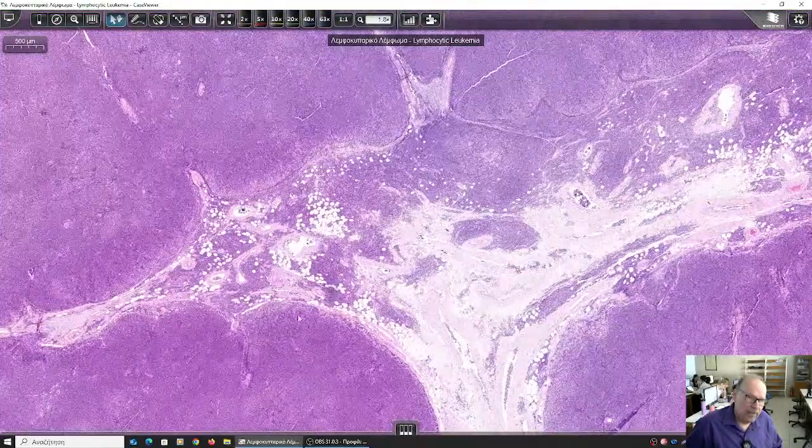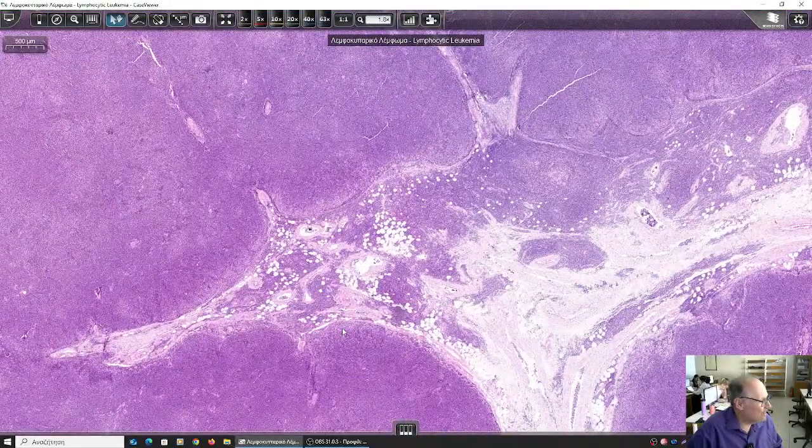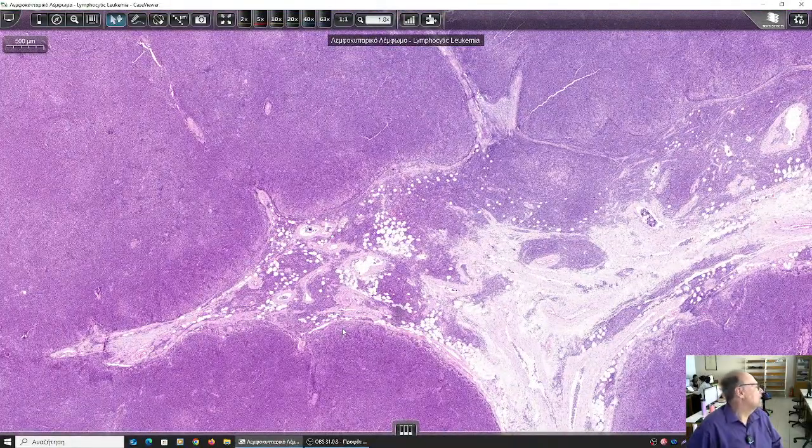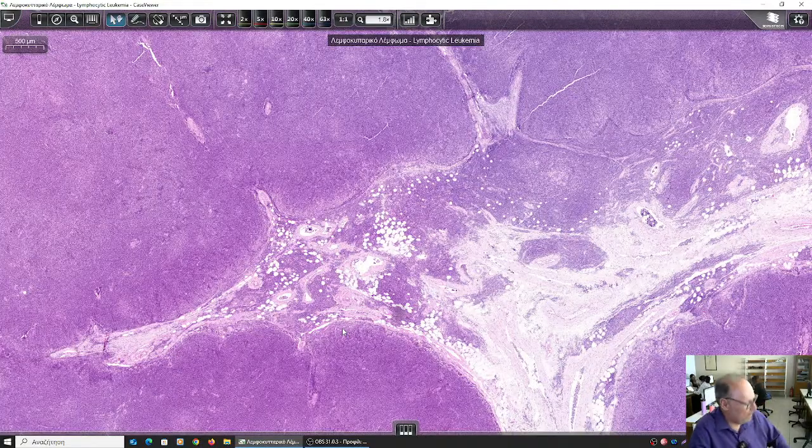And here, what else, much more evident than in the previous case, is observable in this field? What else is observable here? We can tell that something wrong is going on. You see a lymph node, you see no lymph follicles, you just see a diffuse population.